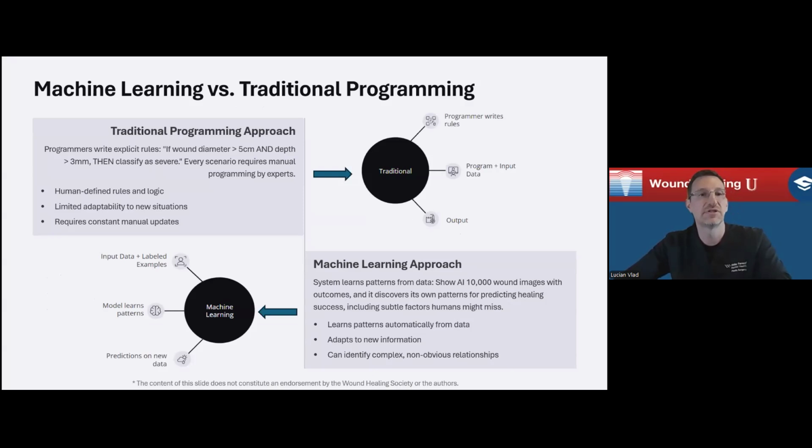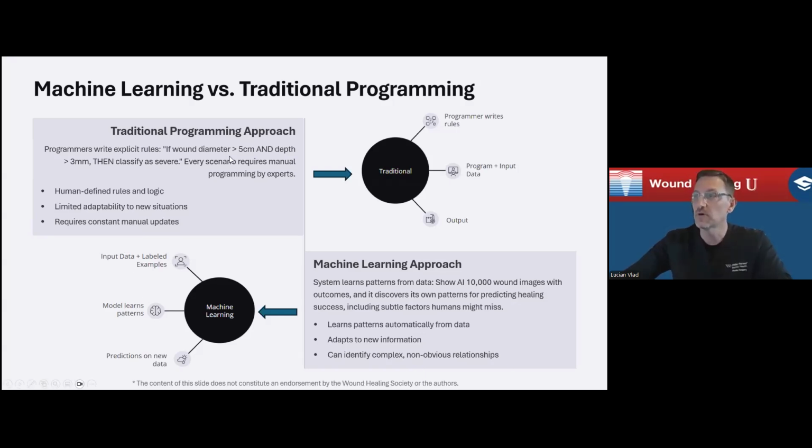And so the difference between regular computers and AI is the type of learning, how these machines learn. That's the term, machine learning. In traditional programming, in some of the previous programs that we use so far, whoever creates these programs writes the rules. For example, if you classify a wound as 5 by 3 centimeters, then it should be severe.